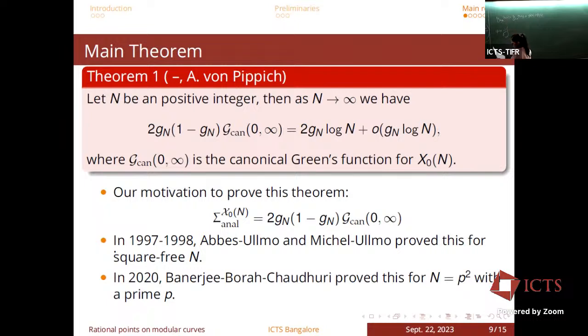And here z and w can be z not equal to w, anywhere in X_0(n). Where phi(z) is equal to 1 by 2g times the integration of g_hyp(z, zeta) f(zeta) mu_hyp(zeta), minus 1 by 8 g squared times the integration over X cross X of g_hyp(zeta, eta) f(eta) f(zeta) mu_hyp(eta) mu_hyp(zeta).